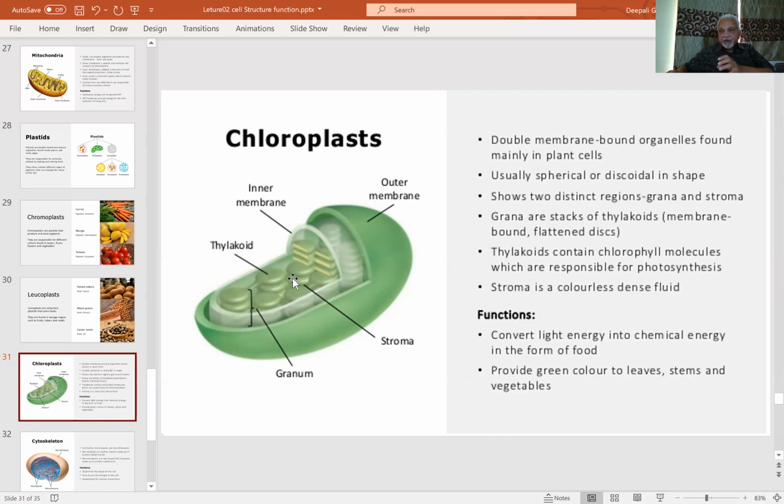They are semi-autonomous in the sense that they do not have the complete set of genetic material which controls the functions in mitochondria or in chloroplast. So they depend on nuclear genome contribution for their function, and therefore they are referred to as semi-autonomous organelles. They are not completely autonomous organelles as far as their genetic material is concerned.